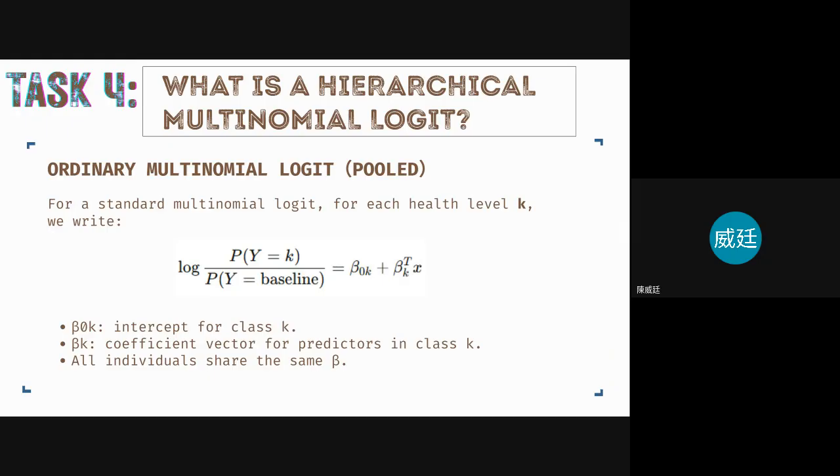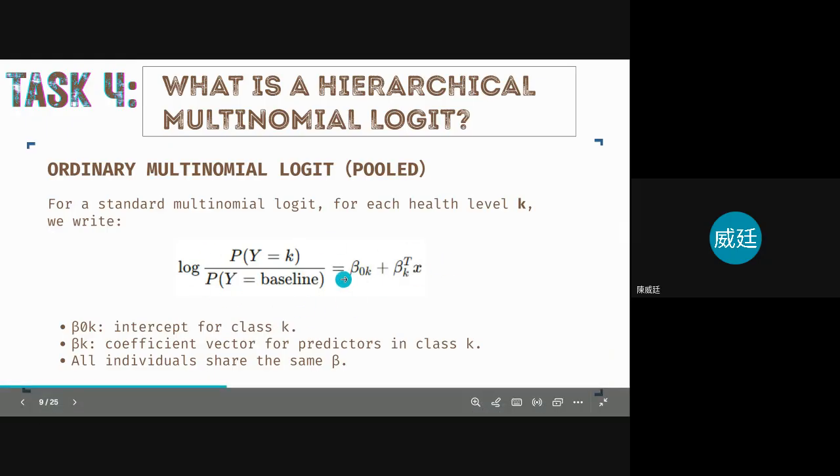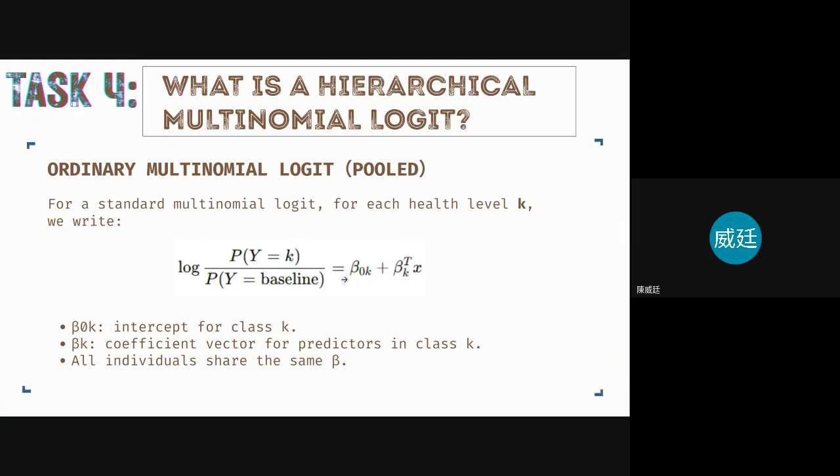In the standard multinomial logit, for each health level k, for example k equal to 1 or 2 or 3 or 5, for our HSD010, we write an equation like this. And the baseline is just one health level we choose as a reference class.